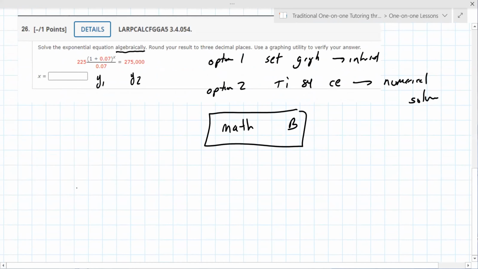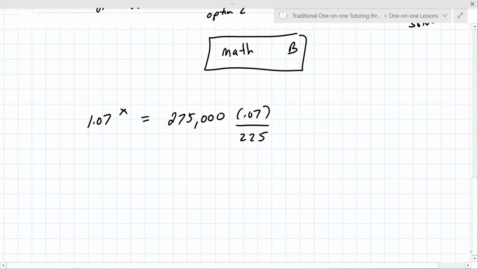One of the things you really got to be good at though here is rewriting stuff, only what you need. So 1.07 to the x equals 275,000 times 0.07 divided by 225. And then the only way to get the x out of the exponent is to use ln. So x equals the natural log of all that stuff that you just did over here.